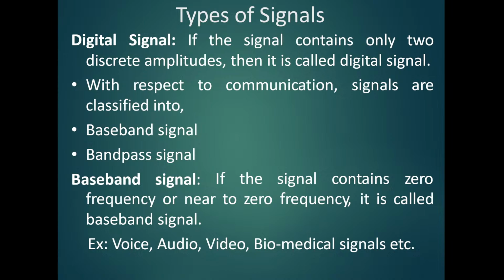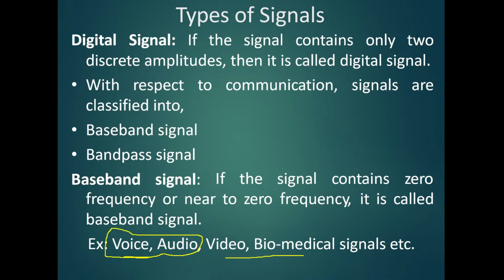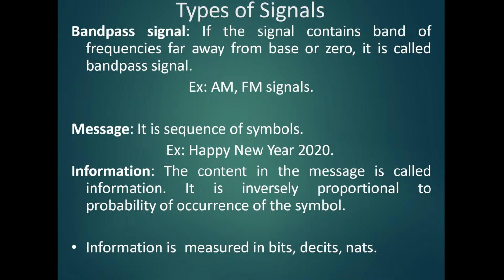Examples are voice signal, audio signal, etc. Next is the band pass signal. If the signal contains a band of frequencies far away from zero, it is called a band pass signal, right? This is the difference between baseband signal and band pass signal. Examples are AM, FM; we are going to study all these signals in detail, right?